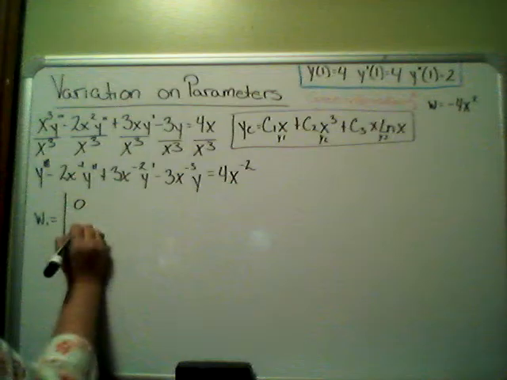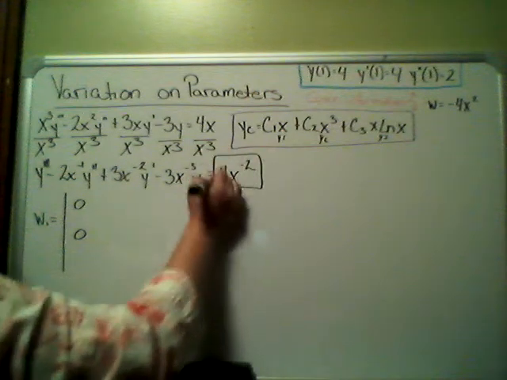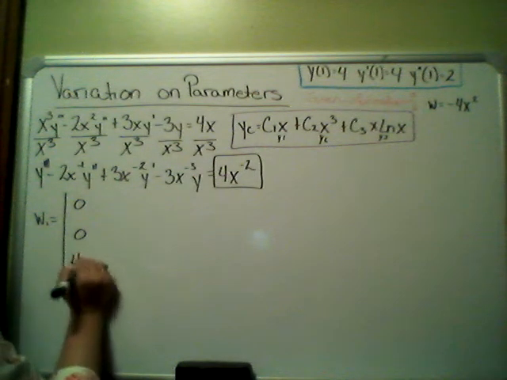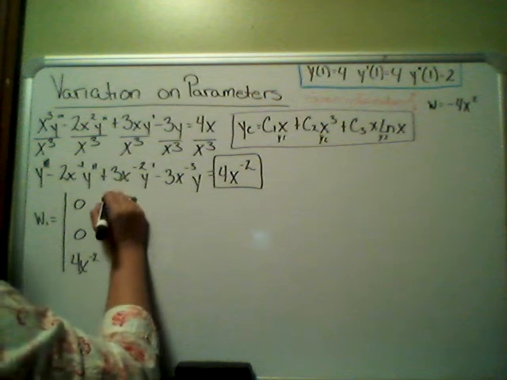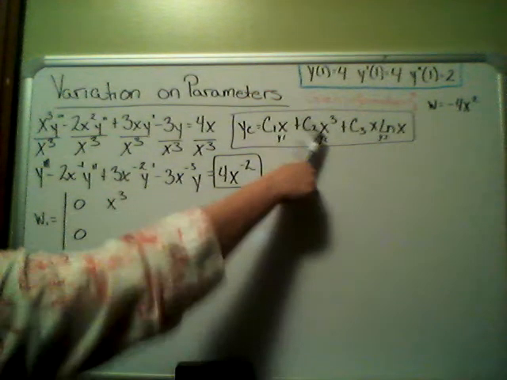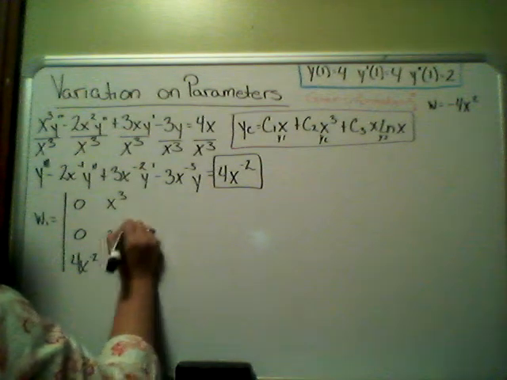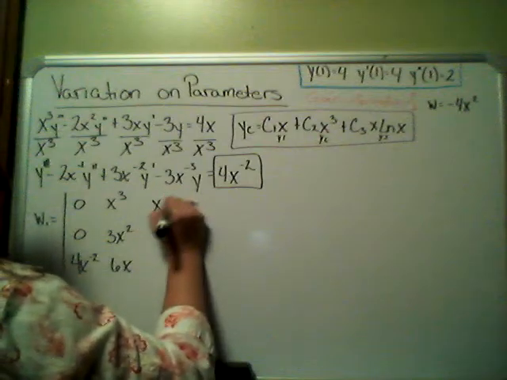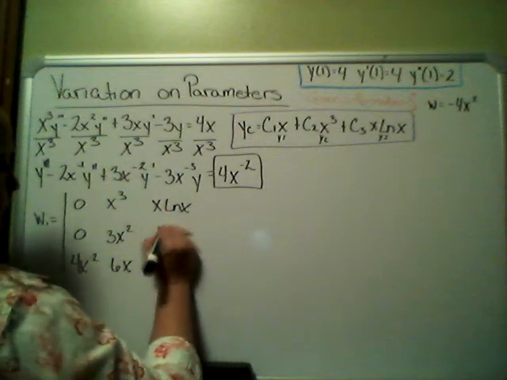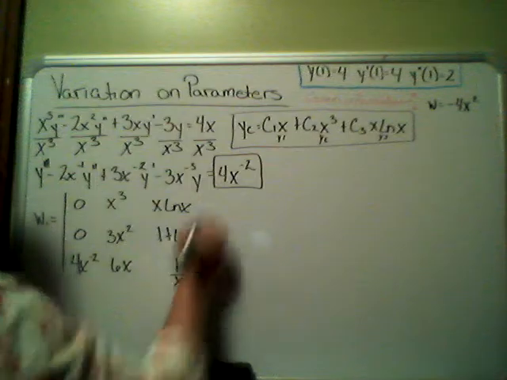We've got a 0, and then what's going to go down here is 4x to the minus 2. Then we'll use our x cubed term for our y2 and its derivatives, 3x squared and 6x, and then our x ln x, which we know has derivatives 1 plus ln x and 1 over x.